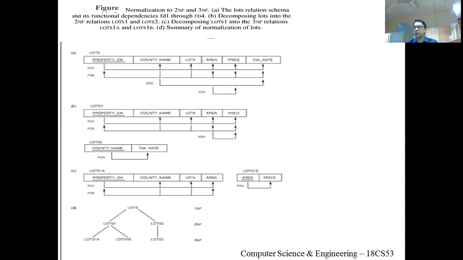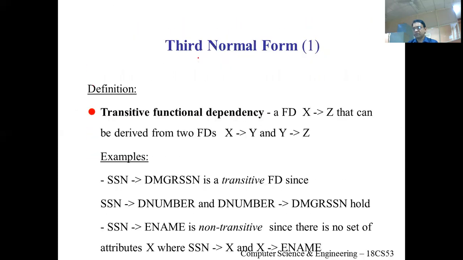The county name and lot number together could also be a primary key, but it is a candidate key, so we are not selecting that one. So with respect to the Lorentz relation, the prime attributes are property ID, county name, and lot number. To conclude, the prime attributes are the attributes that are candidate keys or that are part of a primary key. That's it. The rest of the attributes are called non-prime attributes. So that's about the prime attribute.